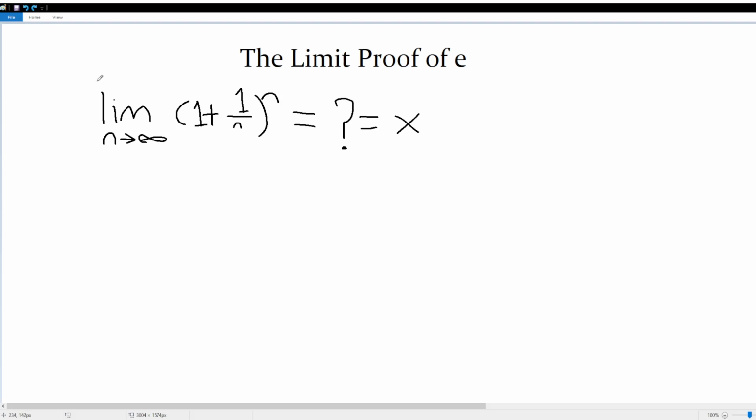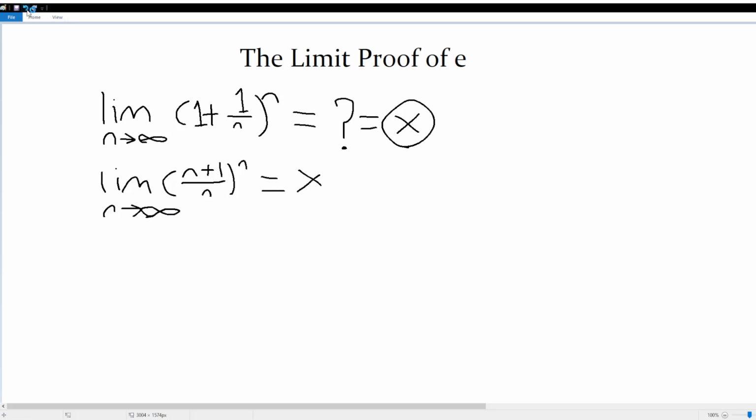So the first thing we need to do is we set this to a certain value for a reason. We say that the limit of, we're going to do that algebra again, 1 plus 1 over n, which is n plus 1 over n, to the n. Well, bam, so we're going to keep that, right? We say as n approaches infinity, this is equal to x.